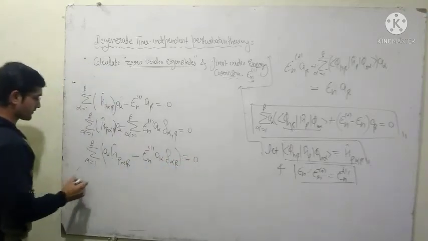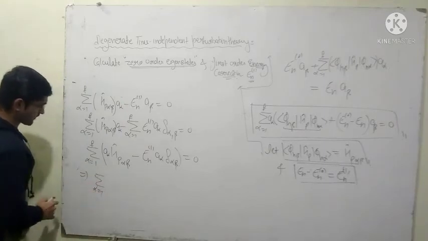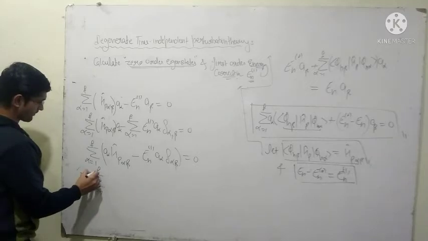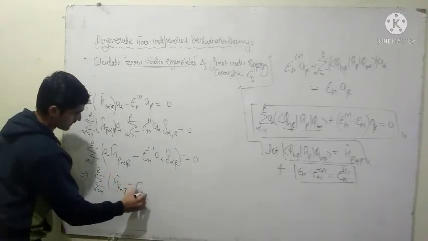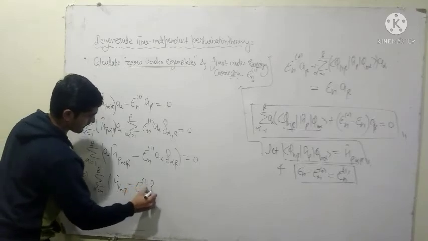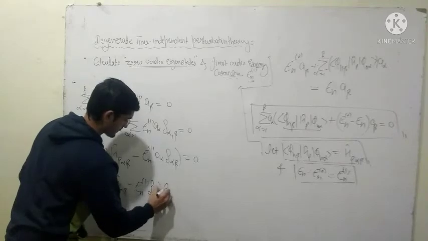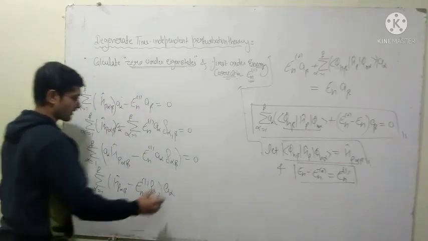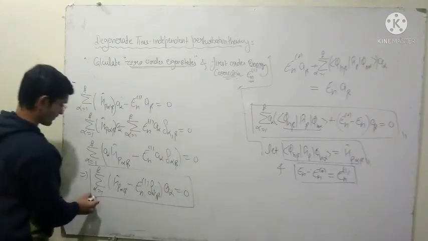It is equal to 0, and you can write it like this: a summation over alpha from 1 to f hp alpha beta minus en1 delta alpha beta, and this a alpha can be taken as common, which is equal to 0. So this is a very important equation.